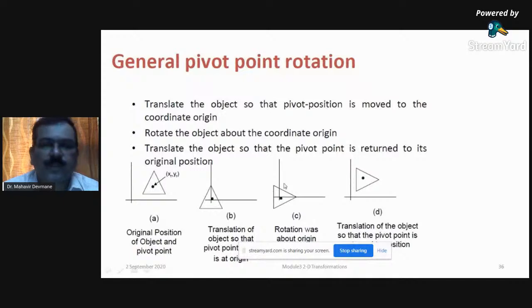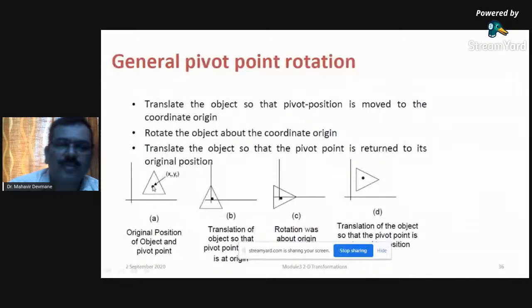So we are doing a reverse translation of this. Initially we took this fixed point to the origin. Now by the same amount, if I do the reverse translation from this point to this, then it will reach here.